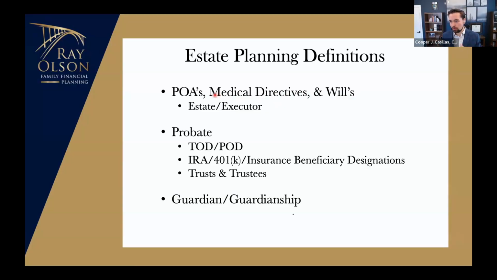And that's, again, more so for financial and legal. Your medical directives cover the health. So something happens, you get in a car accident, you're in a coma, you can't make decisions. Well, someone has to instruct the doctors. Someone has to make medical decisions for you. If you don't have a medical directive in place, the doctors can't do what they do best, right? And they can't take instruction.